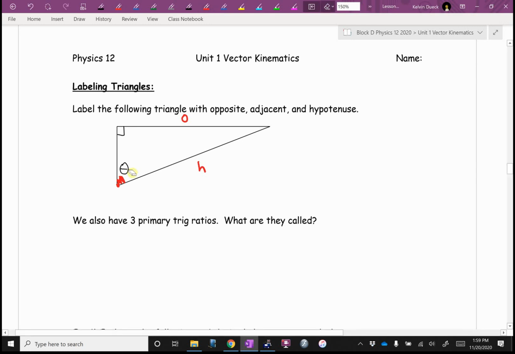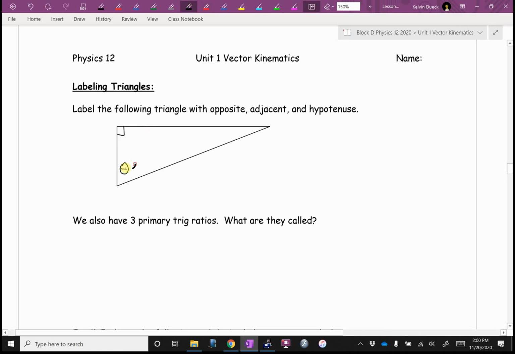So here's my angle. Both these two sides are adjacent to the angle. Why can't it be this long side? Because it's already the hypotenuse. This has got to be the remaining adjacent side. So step one, Josh, is you've got to be able to label a triangle with opposite, adjacent, and hypotenuse. Don't write this down. Look up.